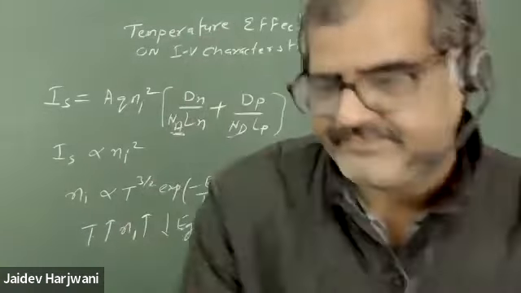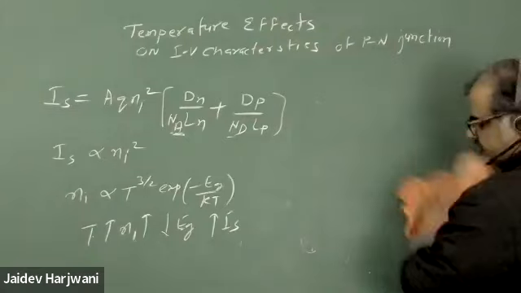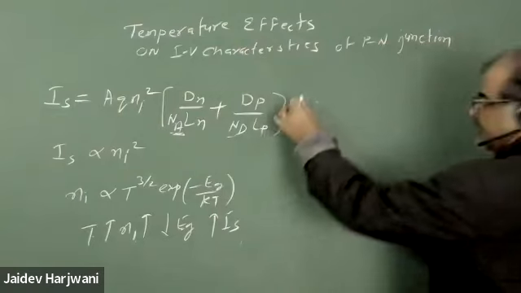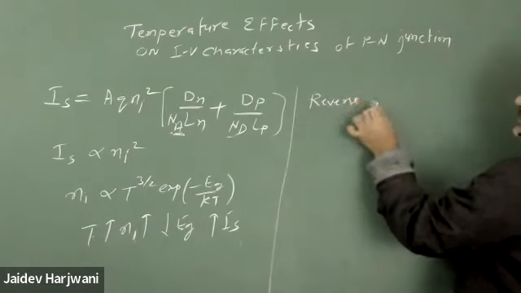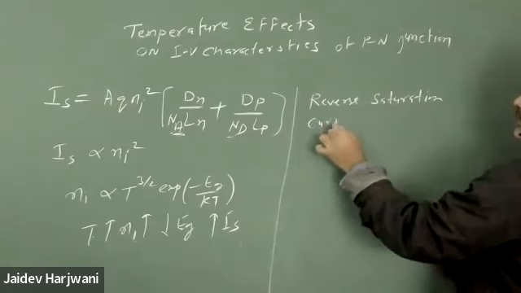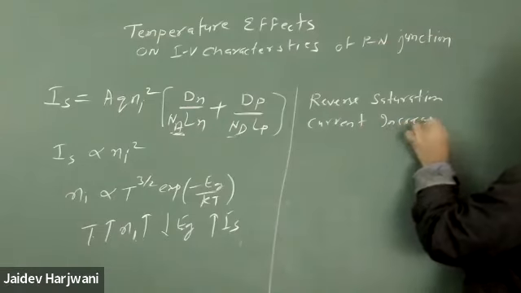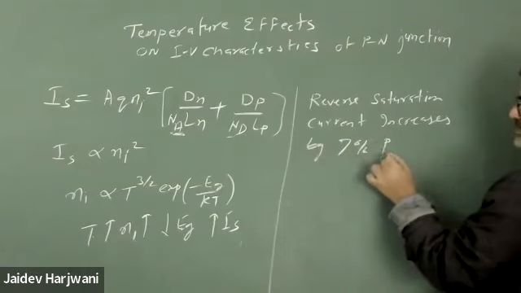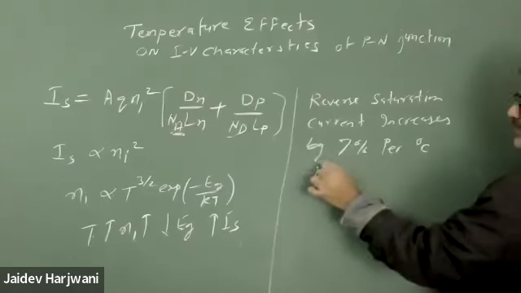Now once IS is increased, of course your forward current will increase. So how much is IS increased? It is observed that the reverse saturation current increases by 7% per degree centigrade increase in temperature.